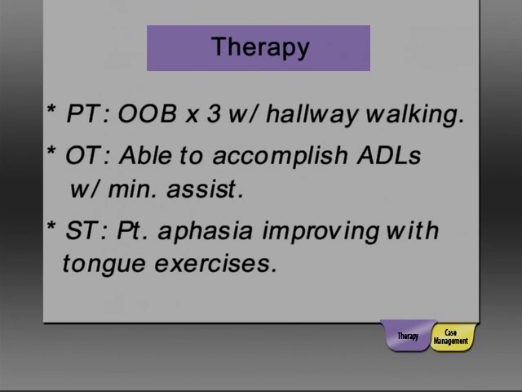Another entry might look like PT, physical therapy, out of bed 3 times with hallway walking. Occupational therapy, OT, able to accomplish activities of daily living with minimal assistance. Speech therapy, patient with aphasia improving with tongue exercises.